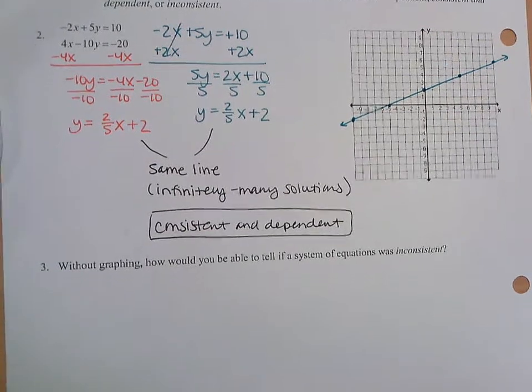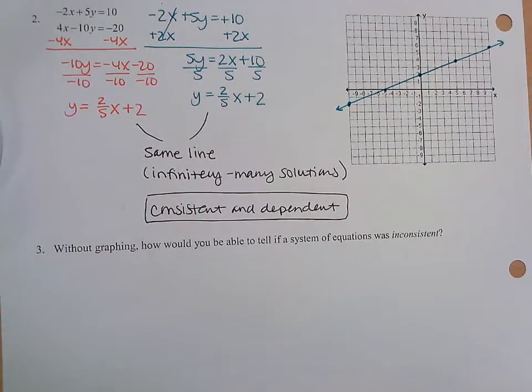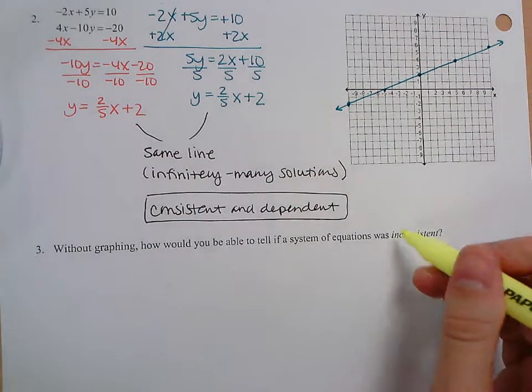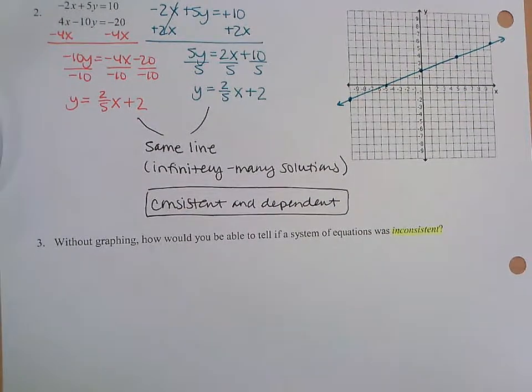Okay, and then number 3, it says, without graphing, how would you be able to tell if a system of equations was inconsistent without graphing it? Anybody have an answer they'd like to share? Braxton? Okay, so the slope would have to be the same, but the y-intercept would have to be different. What was the first thing you said? Okay, in slope-intercept form.